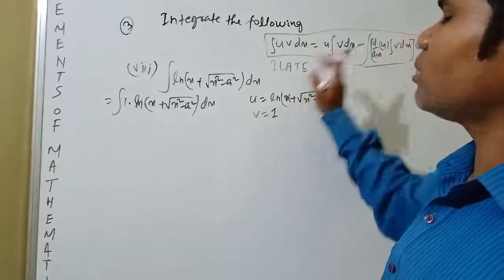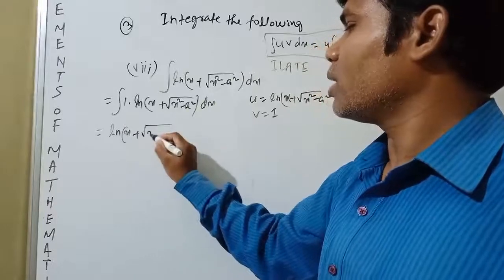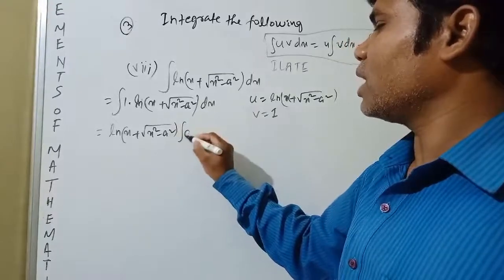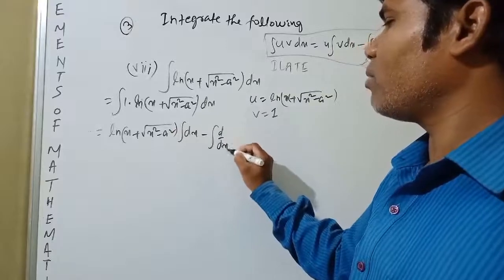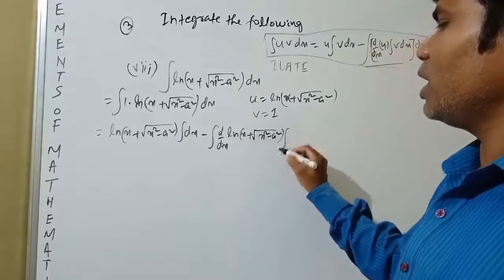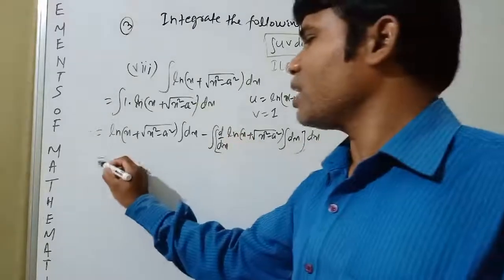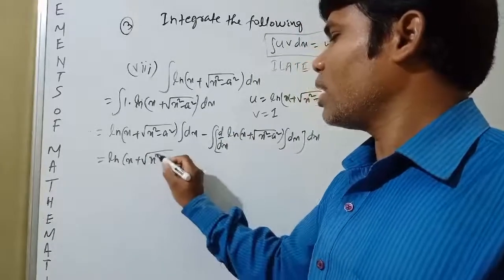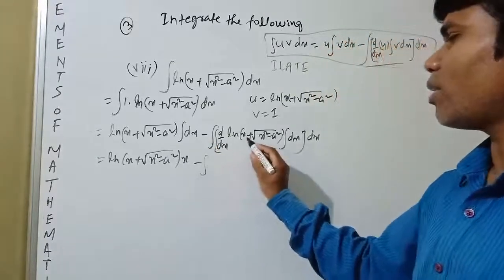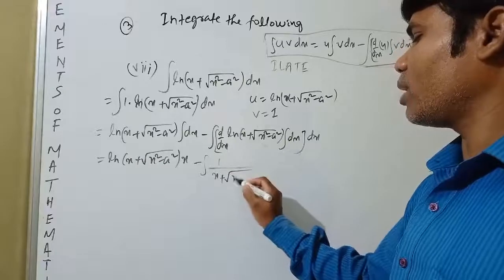You use the by parts formula: u, that is ln(x + √(x² − a²)), times the integration of 1 dx, that is only x, minus the integration of the derivative of u, that is the derivative of ln(x + √(x² − a²)), that is 1 by (x + √(x² − a²)), times the integration of 1 dx, that is x, dx.